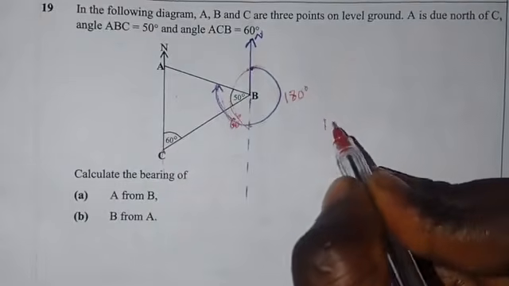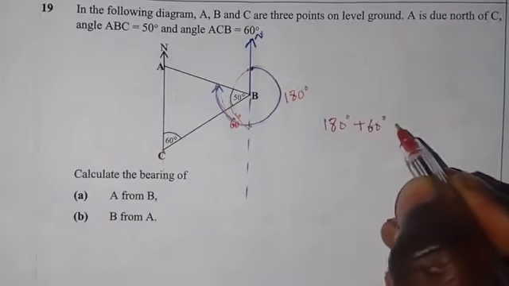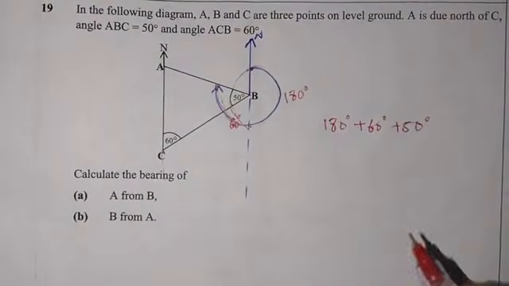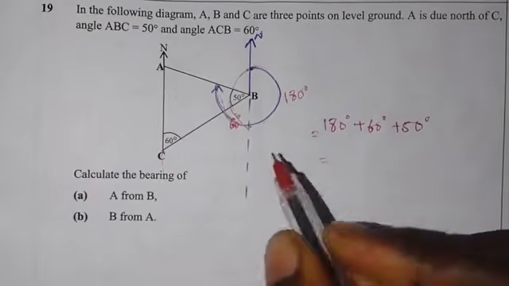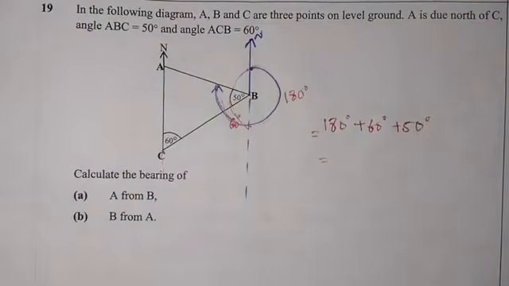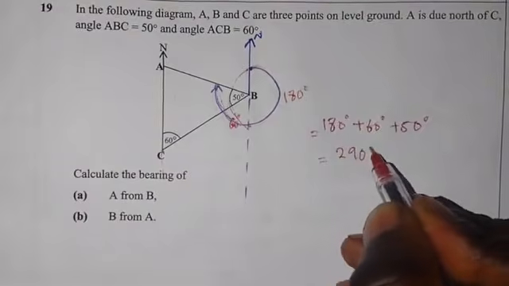So you can just say 180 degrees plus 60 degrees plus 50 degrees. Meaning we can find the bearing of F from B for this entire angle. So we add 180 plus 60 plus 50, and this will give us 290 degrees.